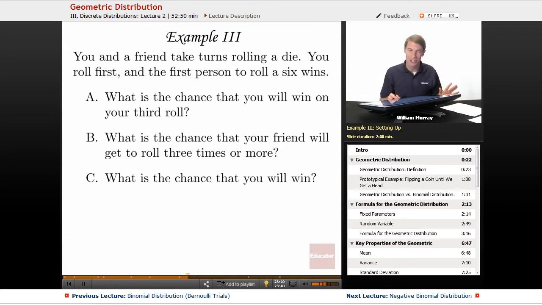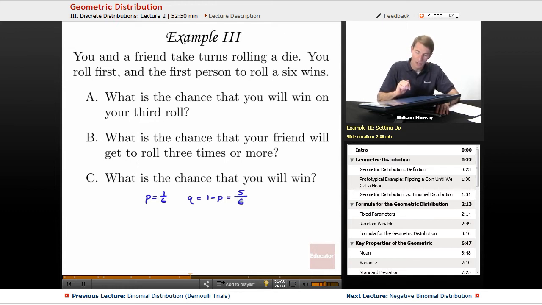So that's definitely a geometric distribution because you're waiting for the first success. So this is geometric. Our probability is the chance of getting a 6 on any given roll, so that's 1/6. And then our q is 1 minus p, so that's 5 over 6.